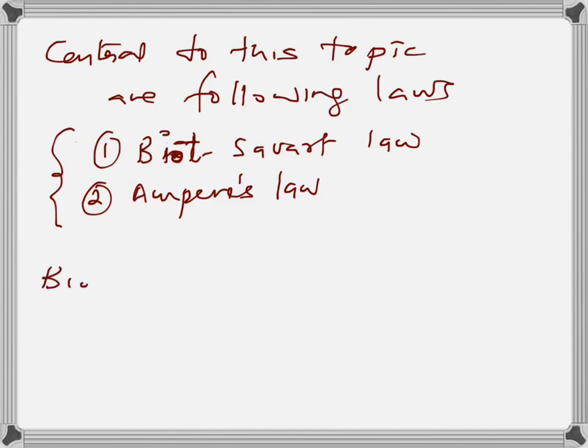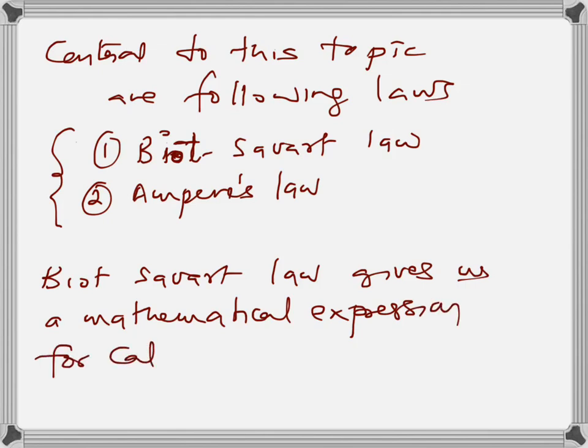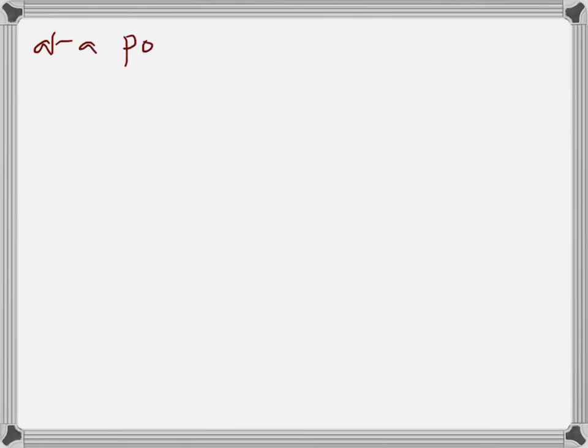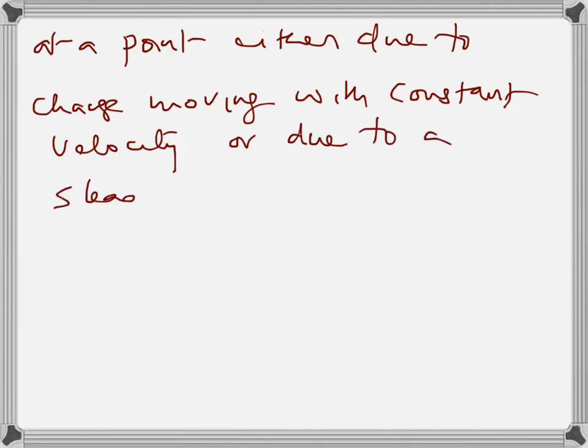So if I write here, Biot-Savart law gives us a mathematical expression for calculating magnetic field at a point either due to charge moving with constant velocity, or due to a steady current carrying wire.